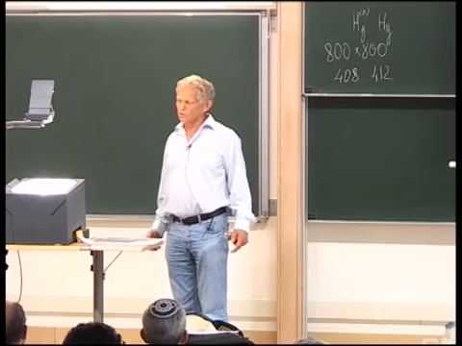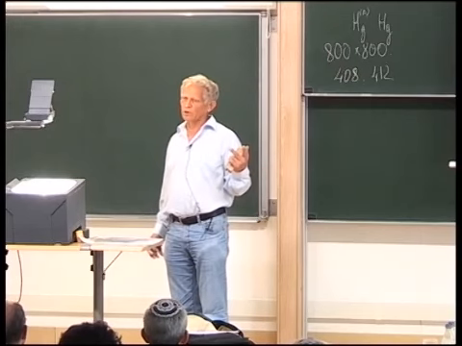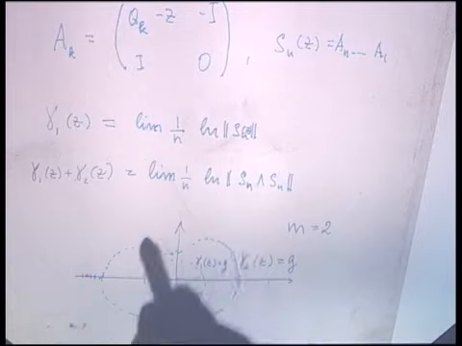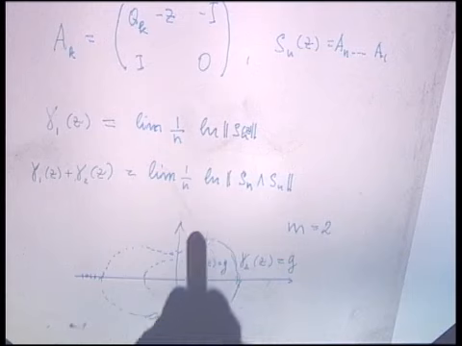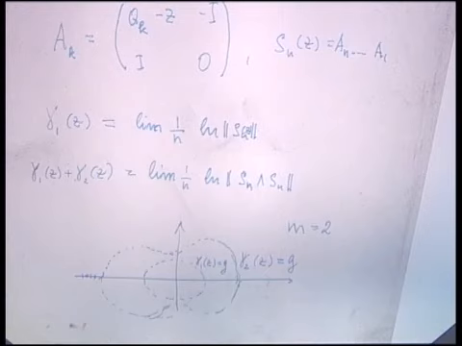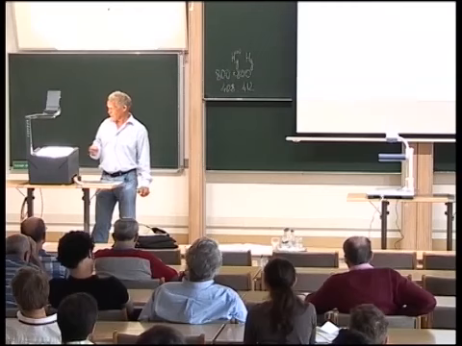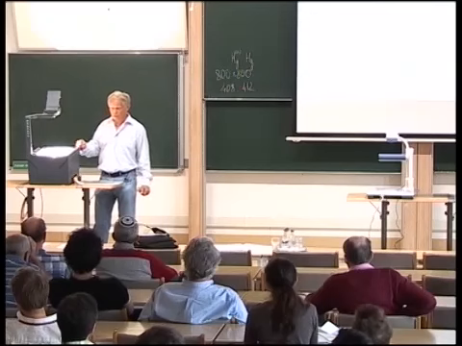This makes our analysis for the pure one-dimensional case relatively simple, whereas here you need to use the full strength of the theory of products of random matrices. Okay, I think I have finished.